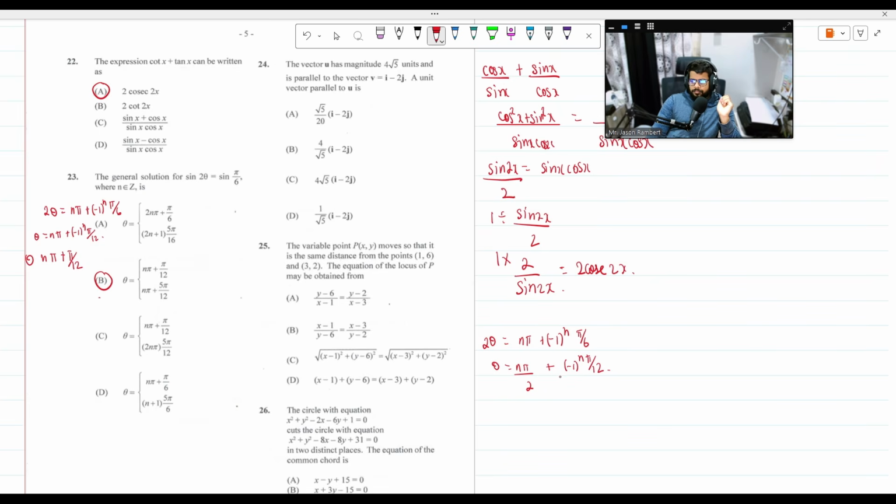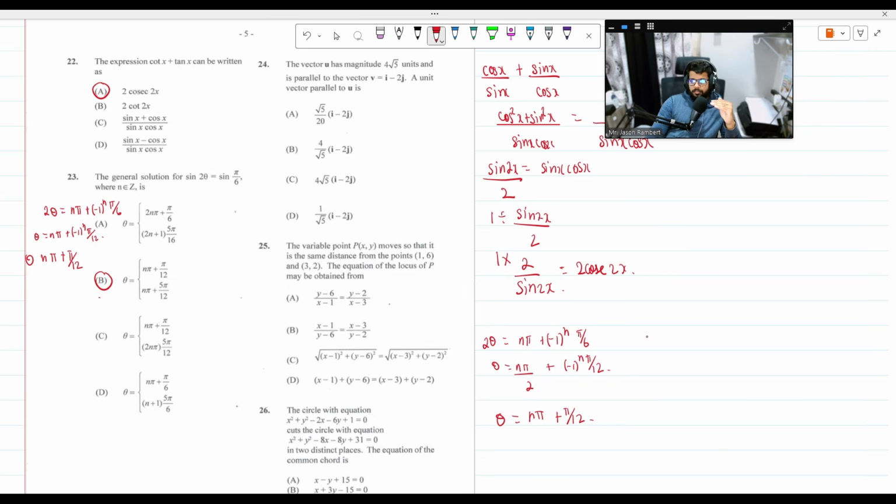When n is even, theta is equal to 2n pi on 2. The 2 and the 2 cancel, so I'll remain with n pi plus pi on 12. So we get the first part of my answer, which is n pi plus pi on 12.